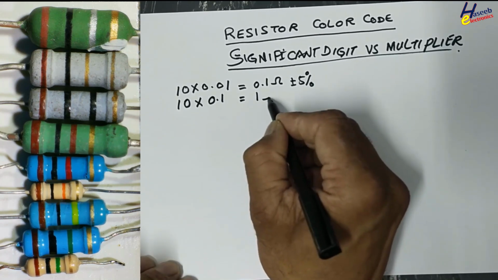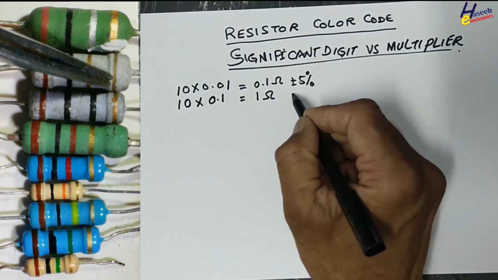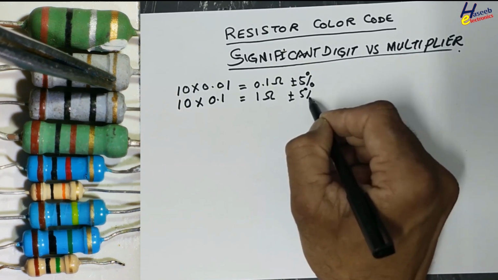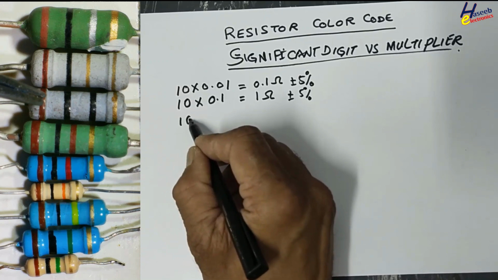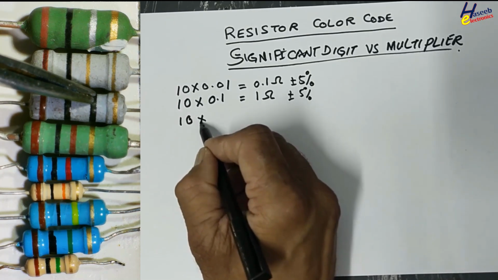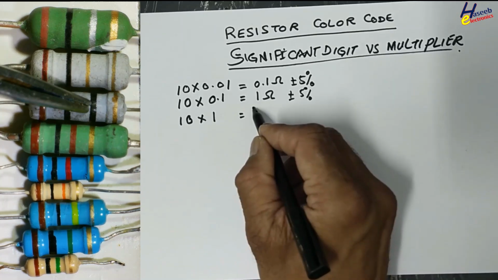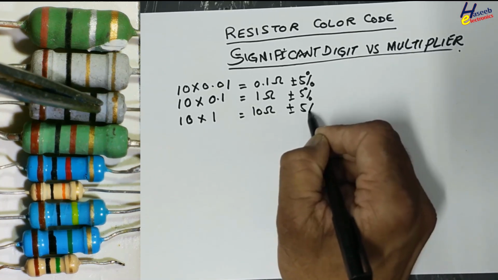It is 1 ohm, the last band gold, plus minus 5%. This resistor: 1, 0, then black, that means we multiply with 1, so 10 ohm plus minus 5%.